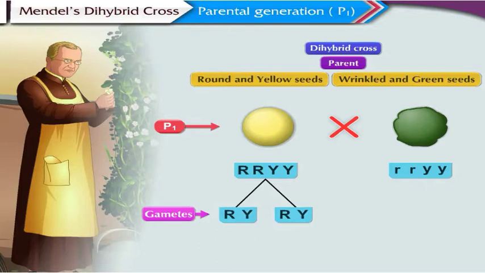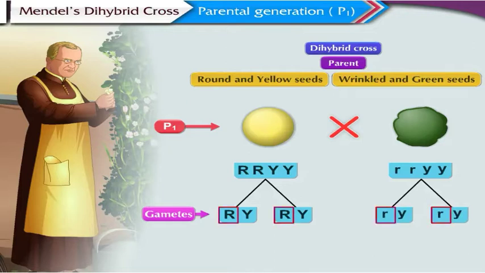Similarly, the plants with small r, small y would produce only small r, small y gametes. Thus, we can conclude that in gametes, a pair of genes is represented by only one gene. Let us study the result of Mendel's dihybrid cross in the next generation, that is, the first filial generation, F1.